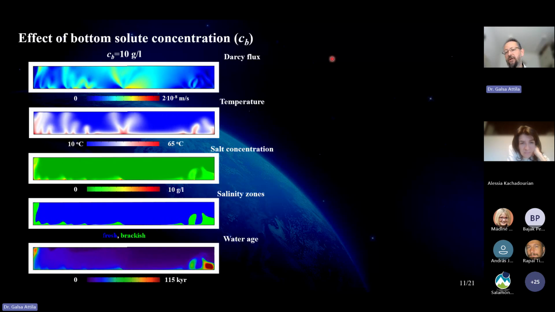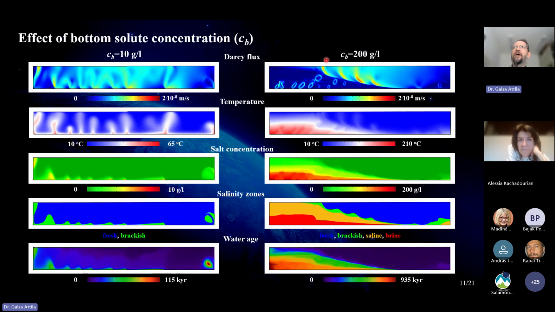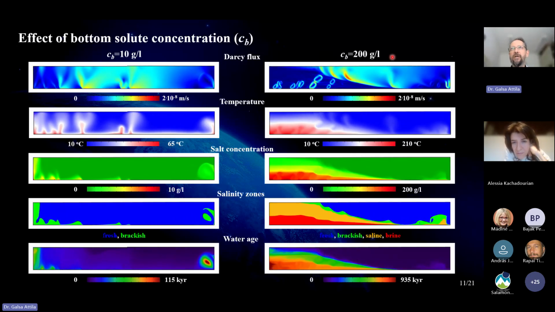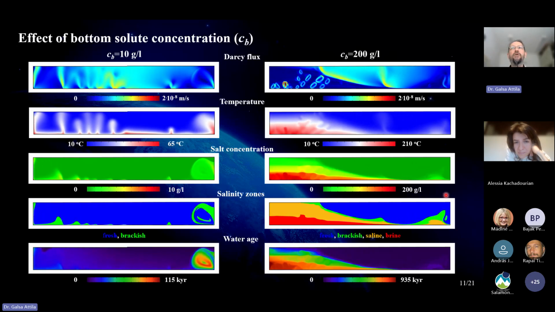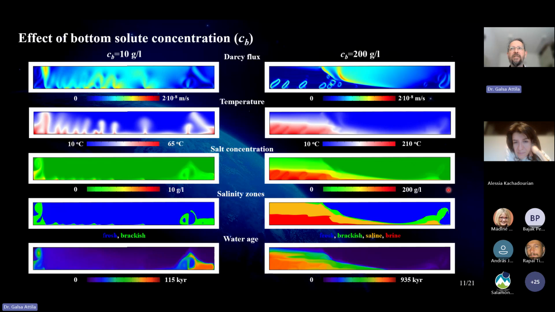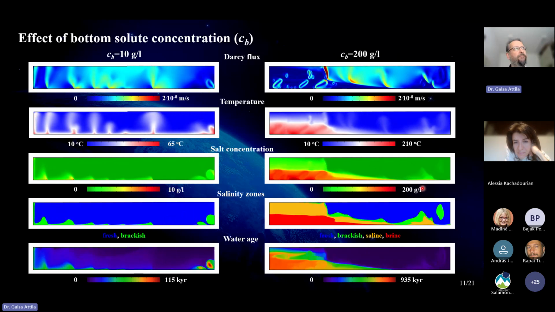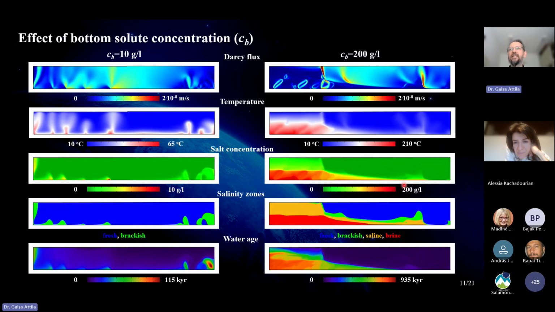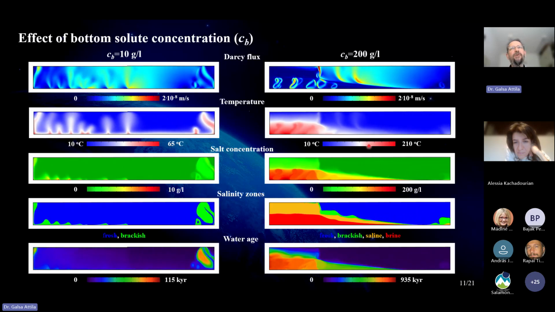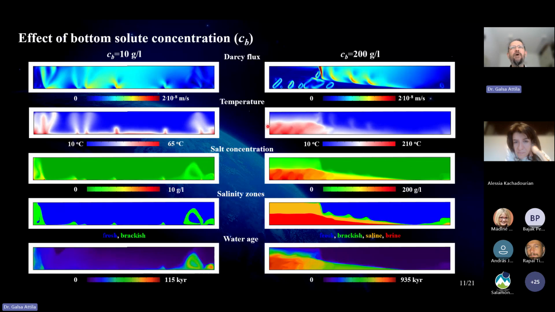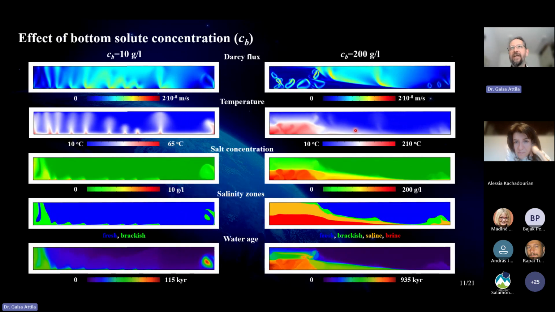On the other hand, when the bottom solute concentration is as high as 200 grams per liter, due to, for example, an evaporite layer below the synthetic basin, the negative haline buoyancy is so strong that the thermal convection, the thermohaline convection, the groundwater flow is reduced, is retained.